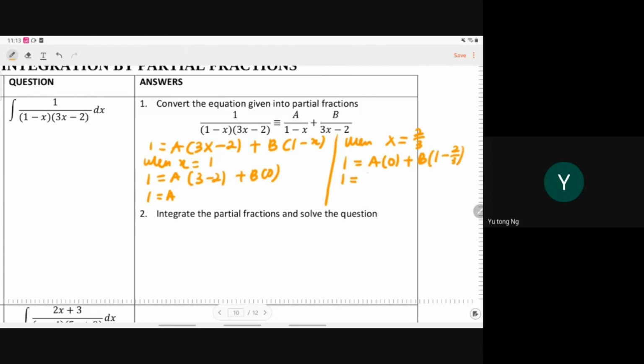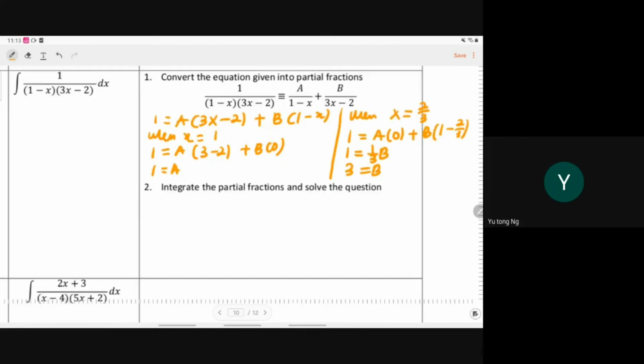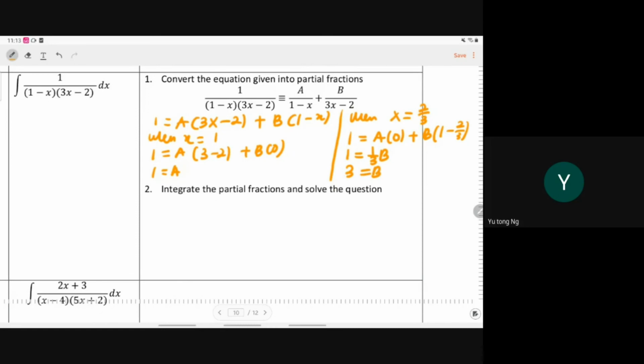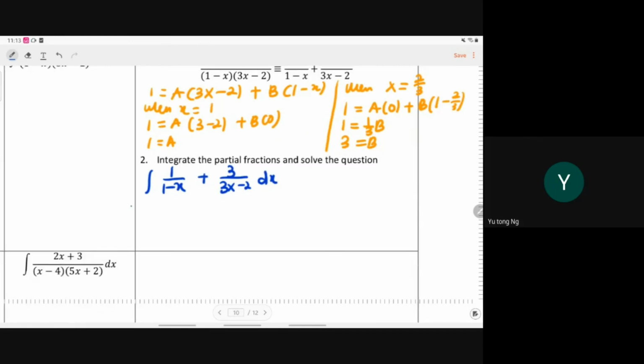So 1 equals to 1 over 3 B. So your B equals to 3. Okay, then kita baru convertkan kita punya equation tu into your partial fraction yang kita dapat tadi. So integrate your A tadi, 1 over 1 minus x plus 3 over 3x minus 2 dx. Okay, so lepas tu baru kita boleh selesaikan.